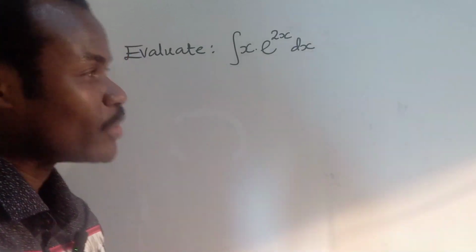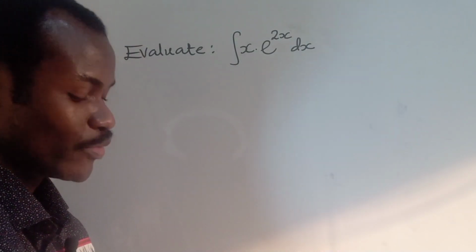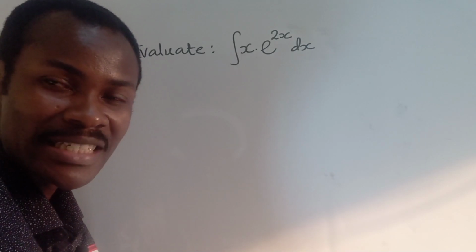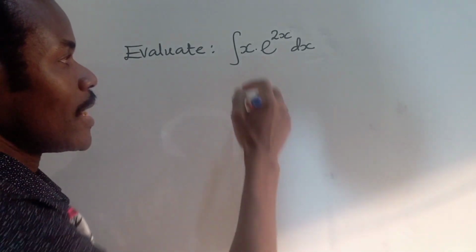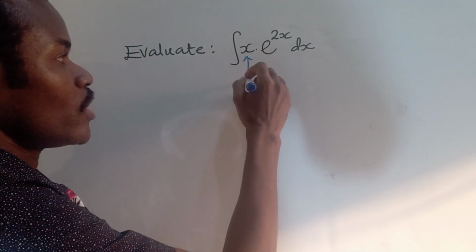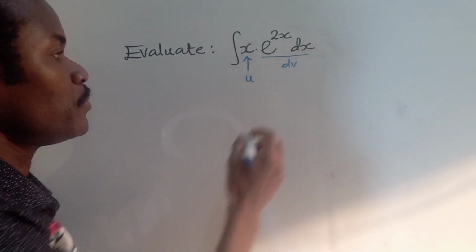So today I'm going to be taking you through this problem on integral, and from the look of things we can see that it has to do with integration by parts. So I want to have this as our u and all this as our dv.